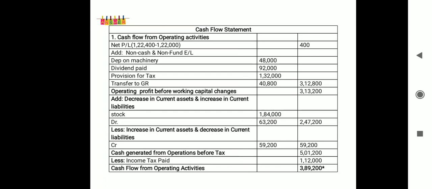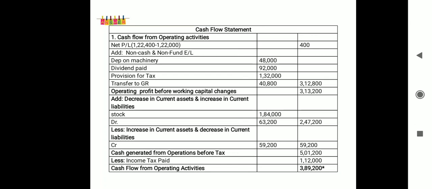And from the balance sheet we can make out that debtors are also decreasing in 2015 compared to 2014, and that difference is 63,200. No other current liabilities are increasing. So making the total of these two and writing in the outer column, 2,47,200.